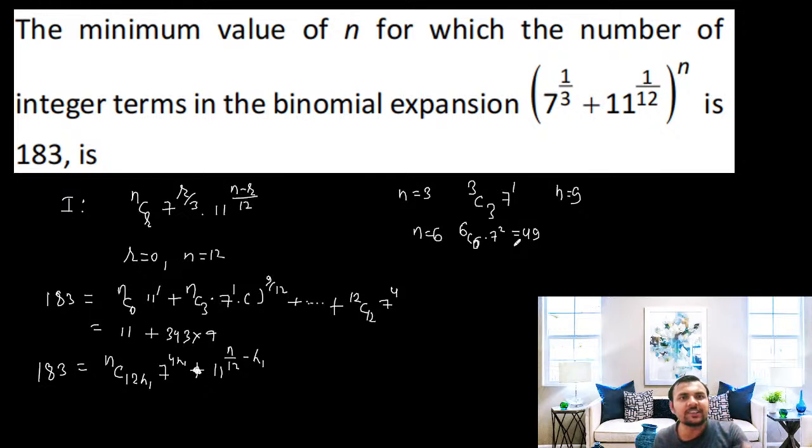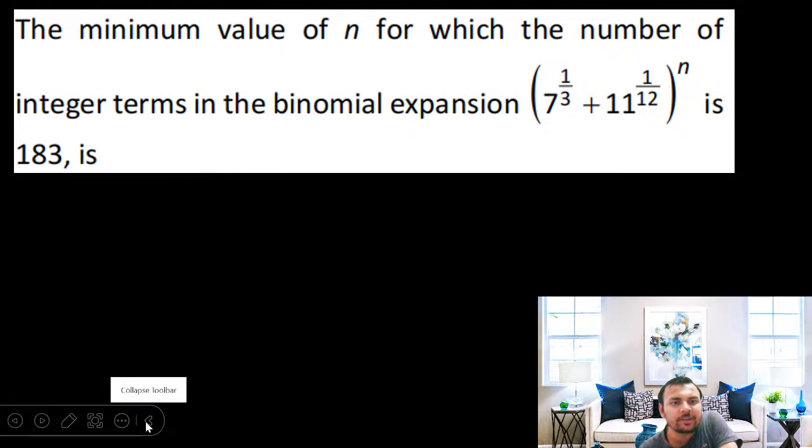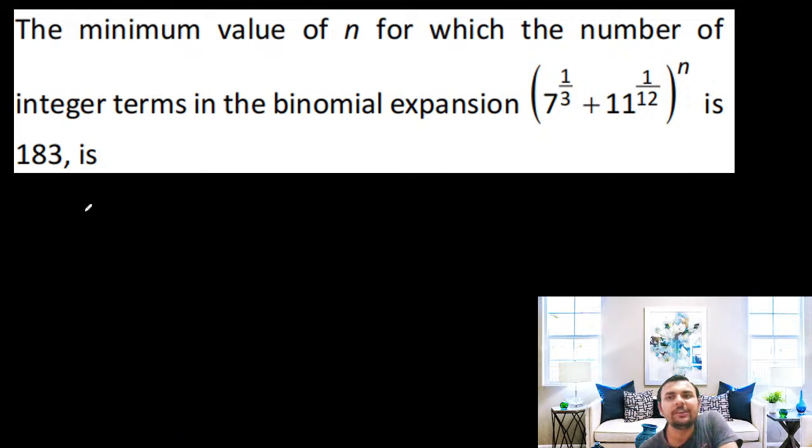Okay, number of integer terms. Okay, we are doing something different. Number of integer terms is 183. Okay, so nCr, 7 to the power r by 3, 11 to the power (n minus r) by 12.